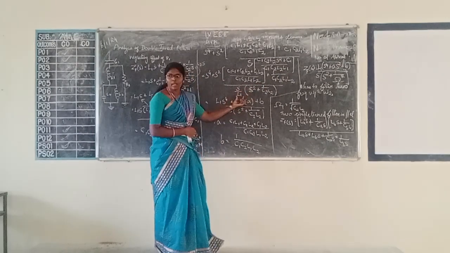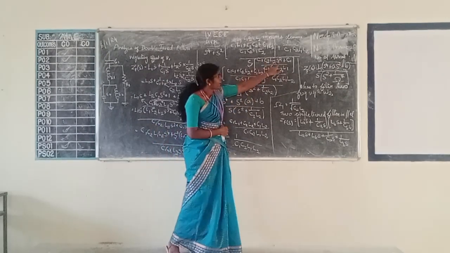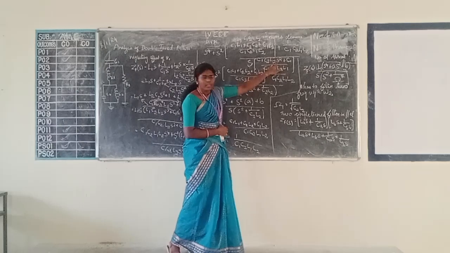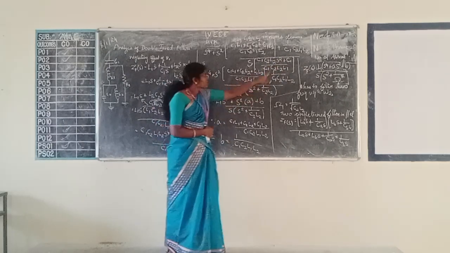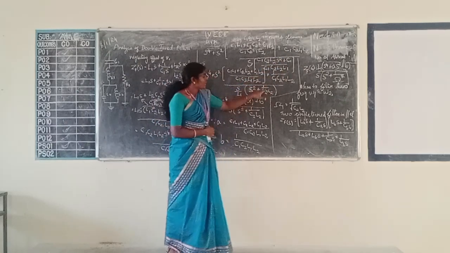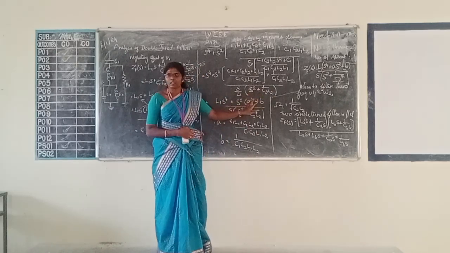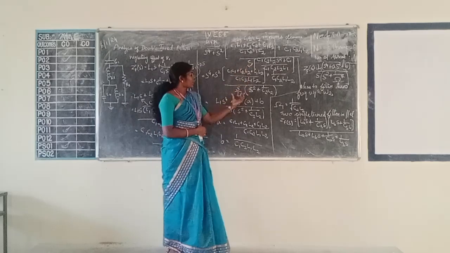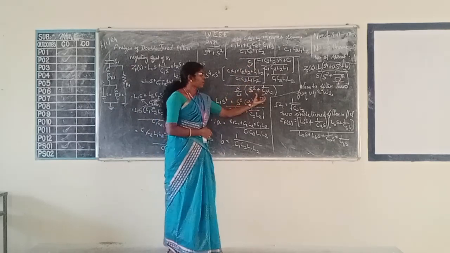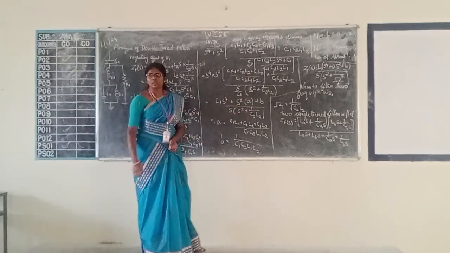So S by L1. Again, which term will remain here? S square plus 1 divided by C2 L2. The other terms will get cancelled. Only the denominator changes. That has S by L1 into S square plus 1 by C2 L2.